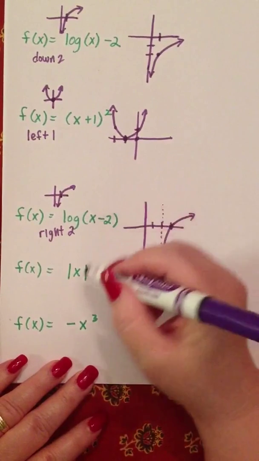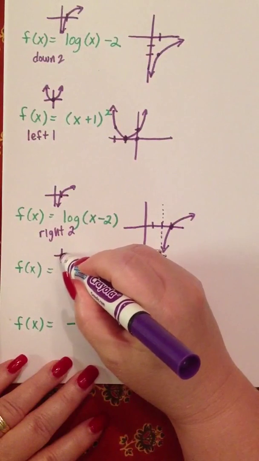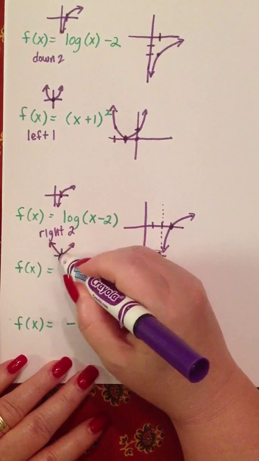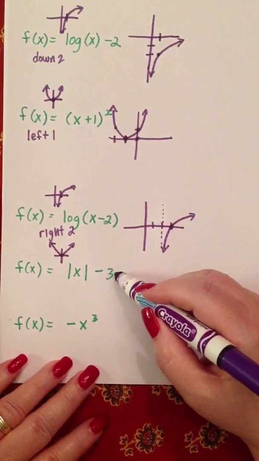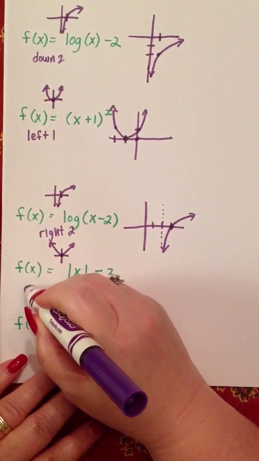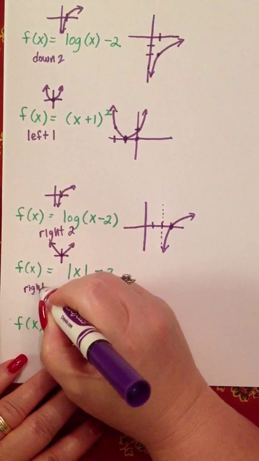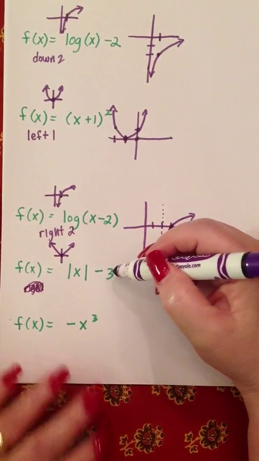Alright, next we have absolute value function, which normally the parent function just looks like a V with the vertex at the origin. This one, since the minus 3 is outside of the absolute value, it's going to be shifted right 3. Never mind. Let's try that again.